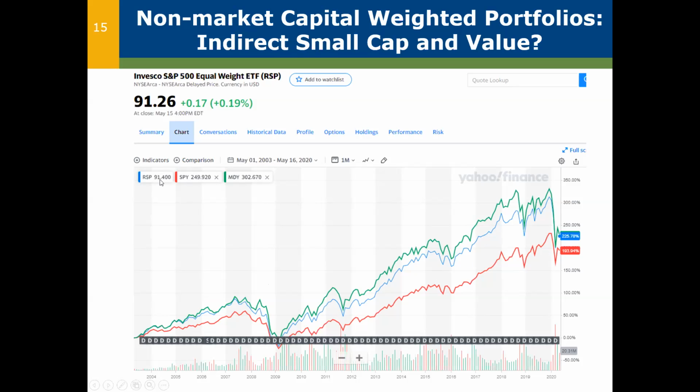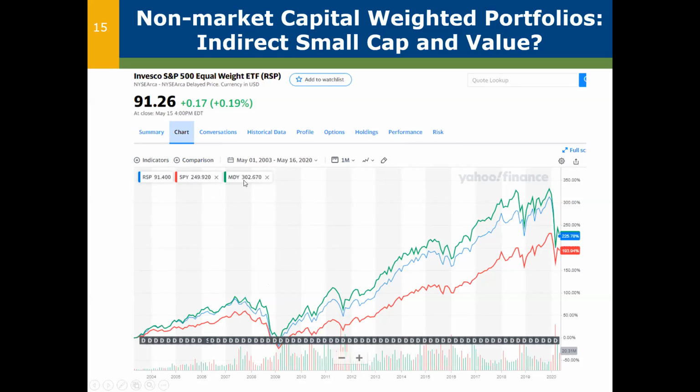And indeed, if you compare it to the red line, which is the S&P 500, you'll see it's outperformed. So you could say, okay, this is pretty good evidence for equal weighting. But remember when I said that equal weighting is effectively a tilt to smaller companies?